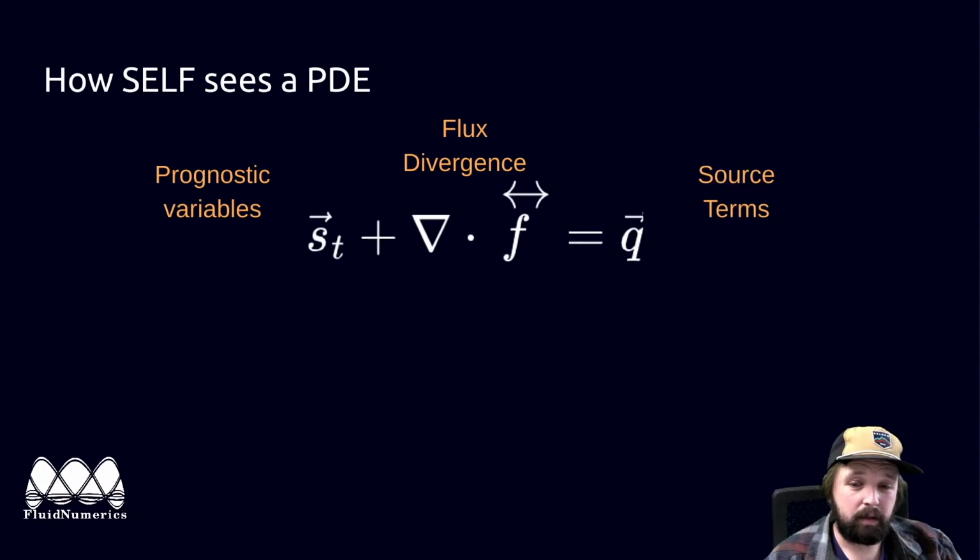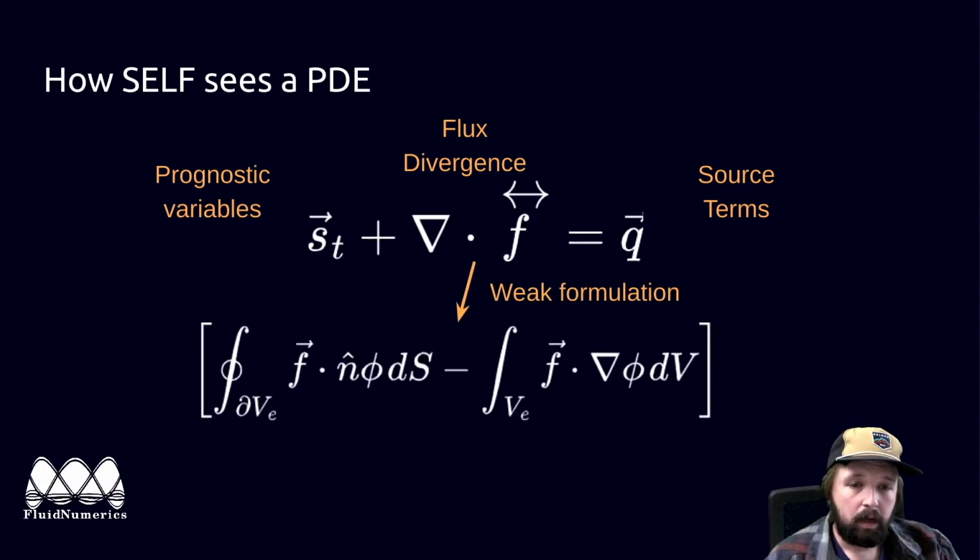Now that flux is typically a hyperbolic flux. That's dominantly what we work with. We do have some stuff built in to work with parabolic fluxes, so if your flux depends on the gradient of your variables, that's permissible as well. In SELF, at this point, everything is done with the discontinuous Galerkin method.